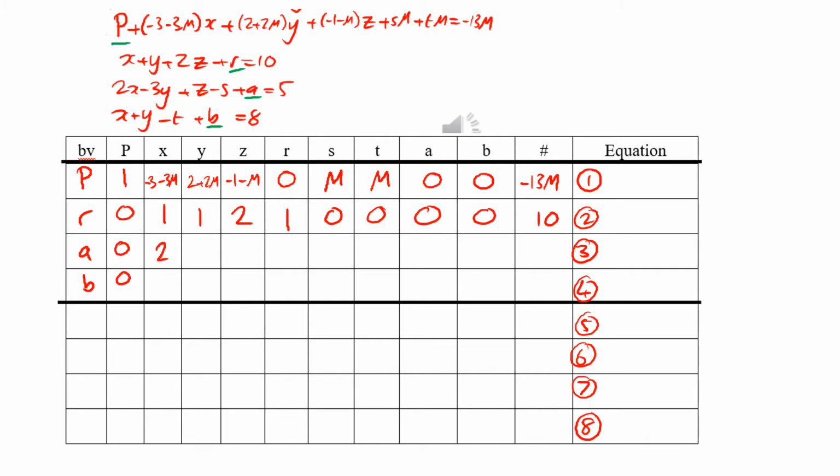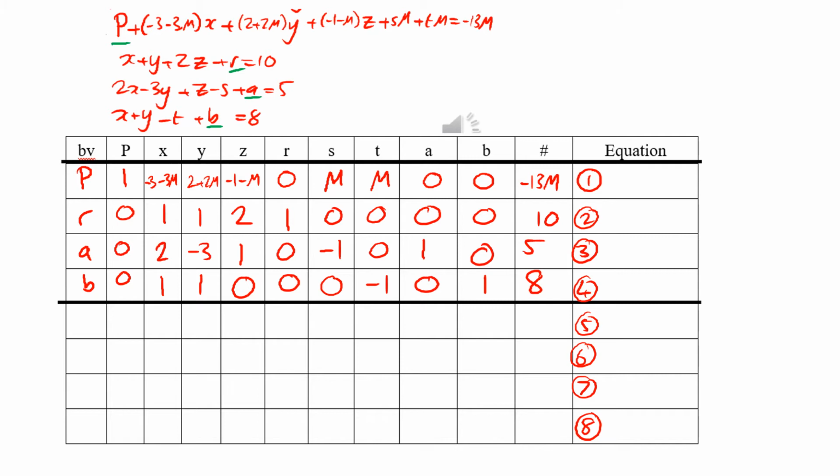And we've got 2x minus 3y plus z minus s plus a equals 5. I don't know why I'm writing equals in there. Should be 0. And then we've got x, y, no z, no r, no s, minus t plus b is equal to 8. Okay, so that is our initial table.